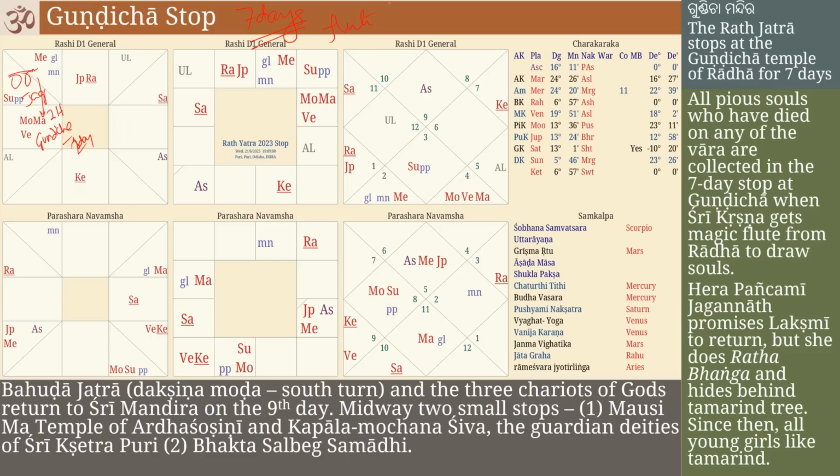And then after these 7 days, it turns around, because by this time, Mahalakshmi has come over there. Mahalakshmi has come from the Jagannath temple to the Gundicha temple or Radha temple, and has taken a promise from Krishna that, okay, you can play for 7 days, but after 7 days you have to come back to me.